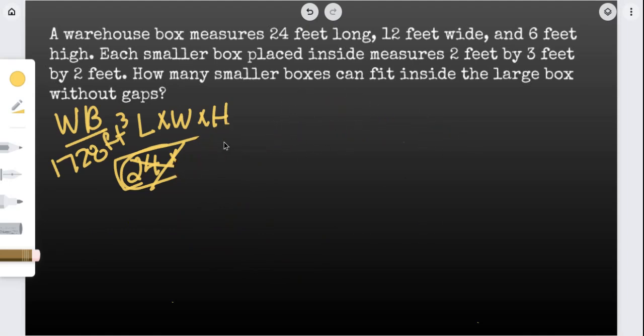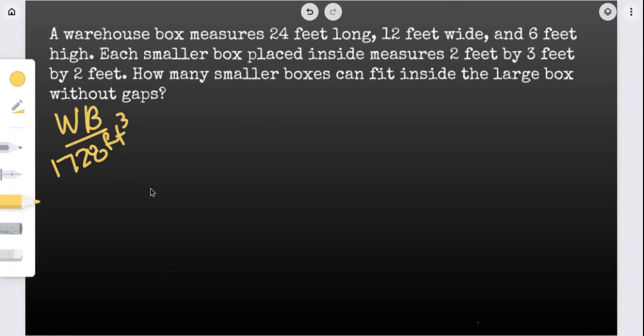And that's a helpful strategy to use because it's almost better than me teaching up in the very front to you because we can't rewind what I'm saying then like you can when you're on a video. Okay, so the warehouse box volume is 1,728 cubic feet or feet cubed.